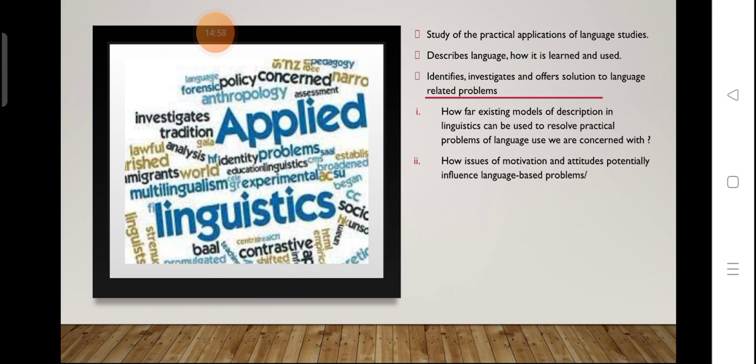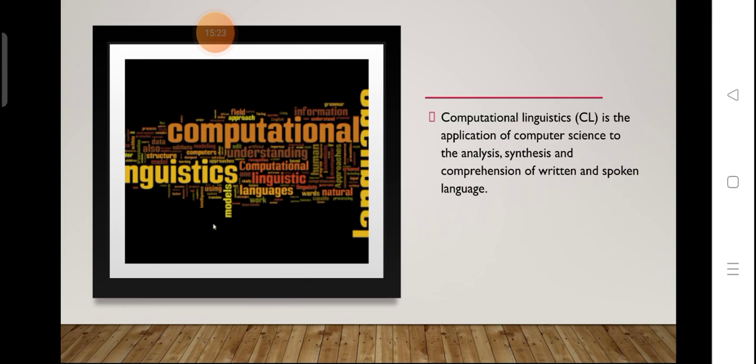How was language learned? How is it used? How does it identify, investigate, and offer solutions to language related problems? How effectively can we use this in other fields, in other areas? Okay, so that is applied linguistics: the application of linguistics in various fields. Then we have computational linguistics.